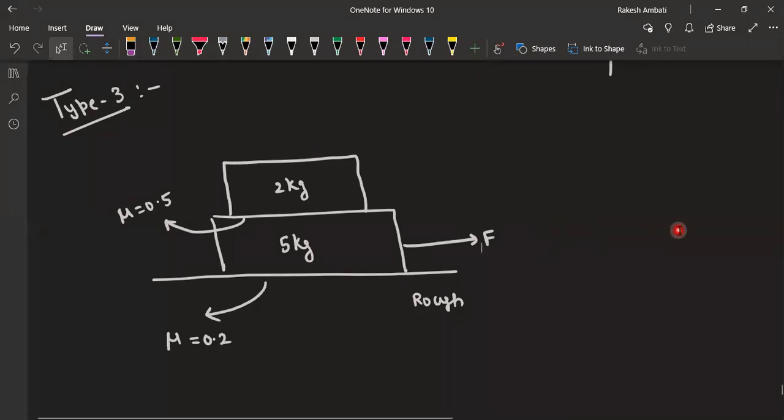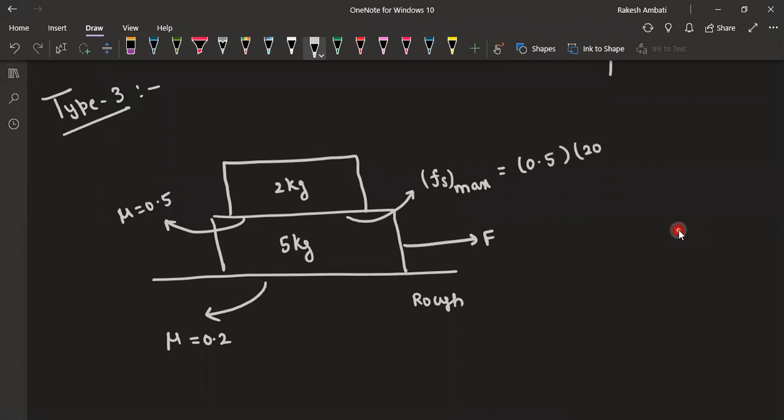Please answer. Between the 2 kg block and the 5 kg block, what is the value of Fs maximum? 0.5 into 2 kg weight, or 5 kg weight? 2 kg. So 0.5 into 20, it is nothing but 10 newtons, correct?